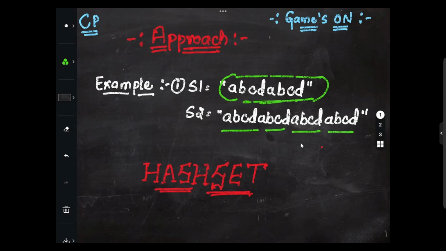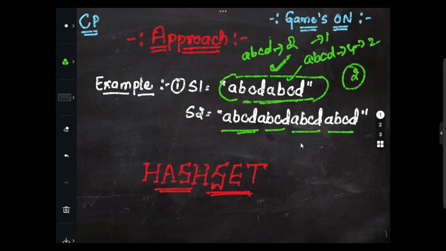Here you would have already guessed that ABCD once will make s1's ABCD, ABCD twice will give us ABCDABCD, and ABCD four times will give us s2, ABCDABCDABCDABCD. So this will be count 1 and this will be count 2. So the output has to be 2 for this one. Let's see how we can articulate the same thing in the form of code.